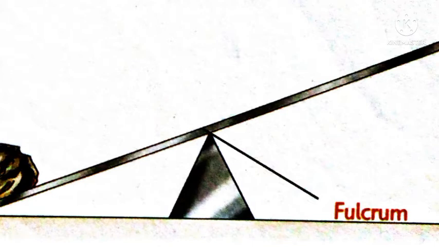A lever has 3 classes, to mean that we have 3 classes of levers. Dear learners, the 3 classes of levers are the following. Number 1 is called the first class lever.